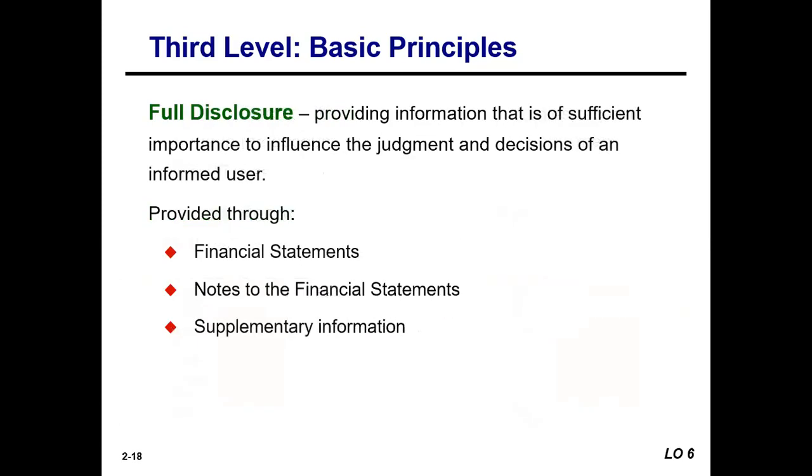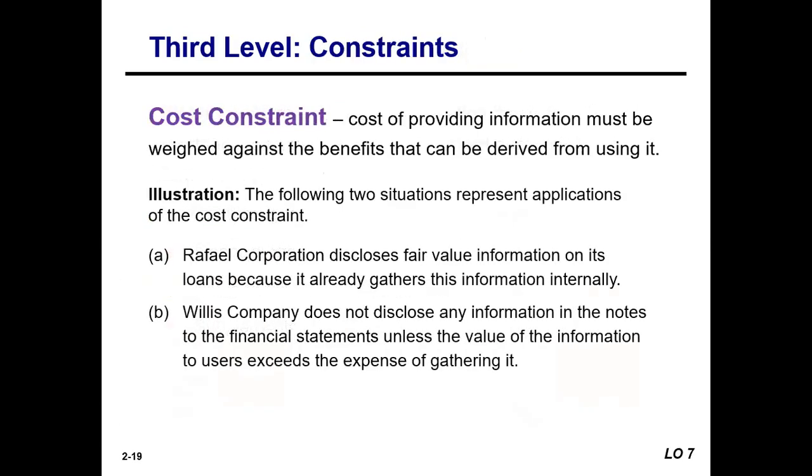Okay. Sorry, I felt like I skipped something, so I wanted to go back. So again, we have to look at that cost benefit analysis. We have to determine if the cost of providing the information is less than the benefits derived from the information. So that's what it's showing here. The cost of providing information must be weighed against the benefits that can be derived from using it.